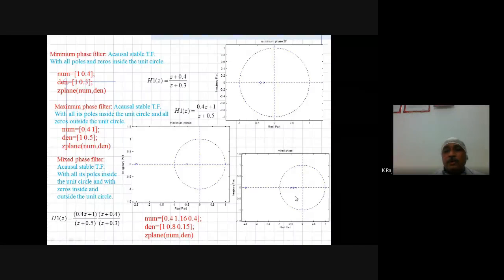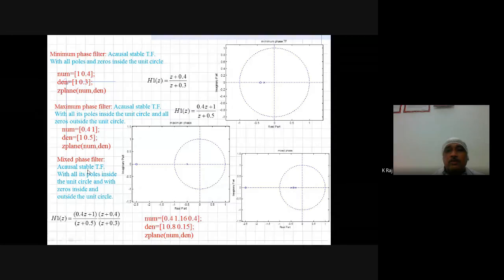And what is the graph? Here we will see that some poles are inside the unit circle, some zeros are inside the unit circle, and some zeros are outside the unit circle.